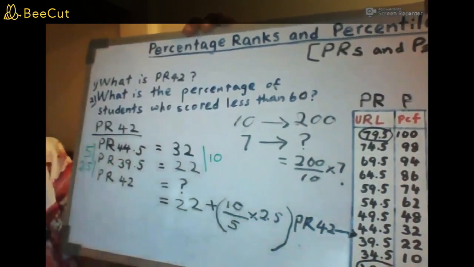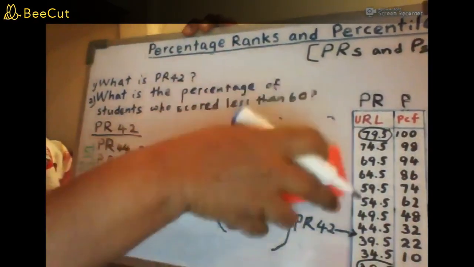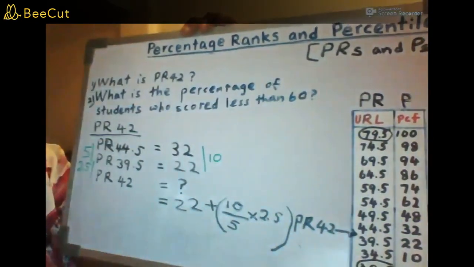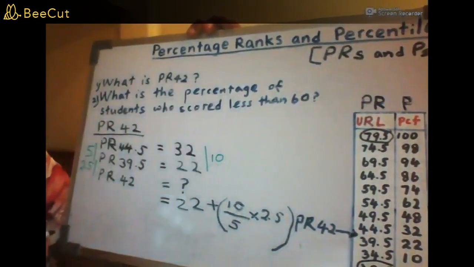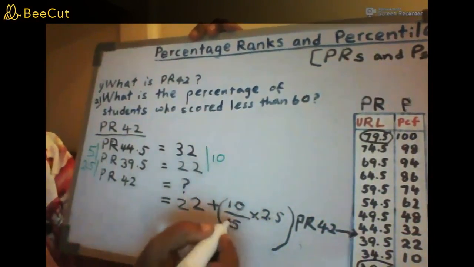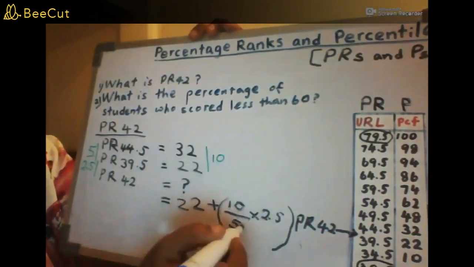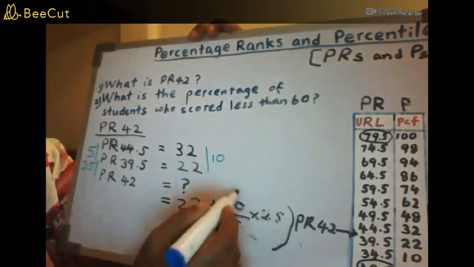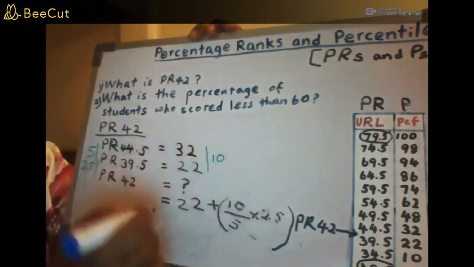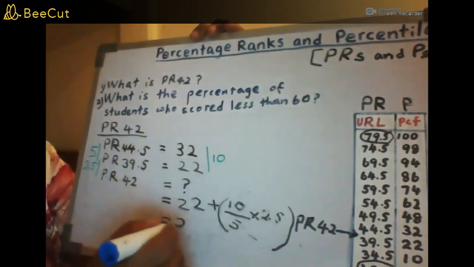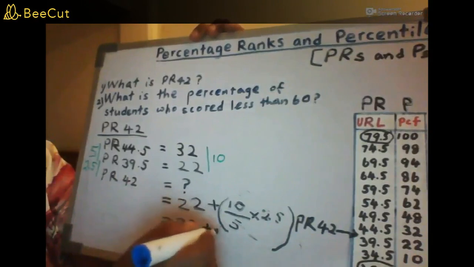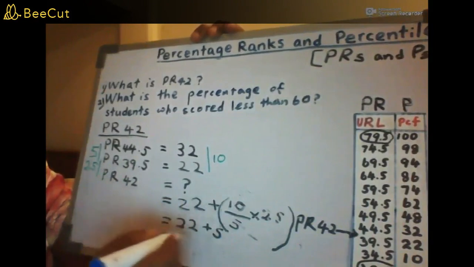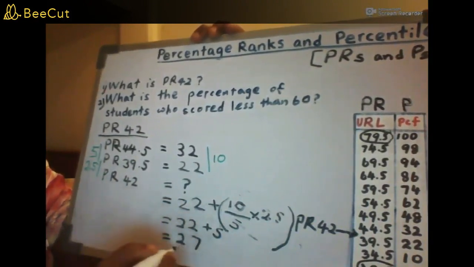Now you'll have to do the calculation properly. That's why I gave you practice activities on the basic mathematical operations. So here you do it properly, and here it's 5. So here the answer is 22 plus 5. Then it's 27. That's the answer.